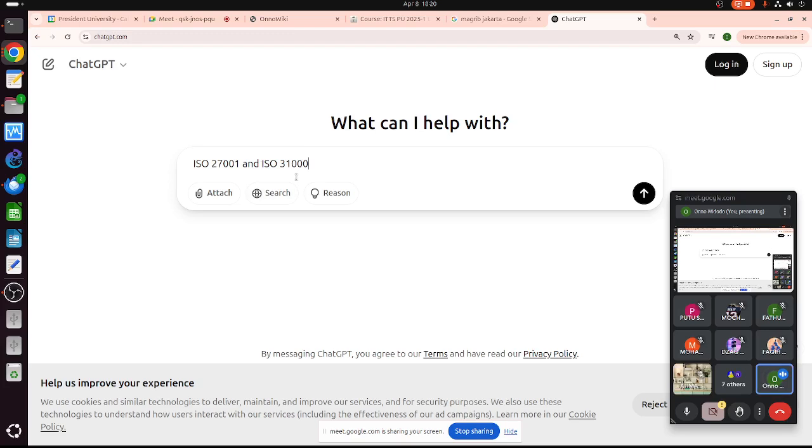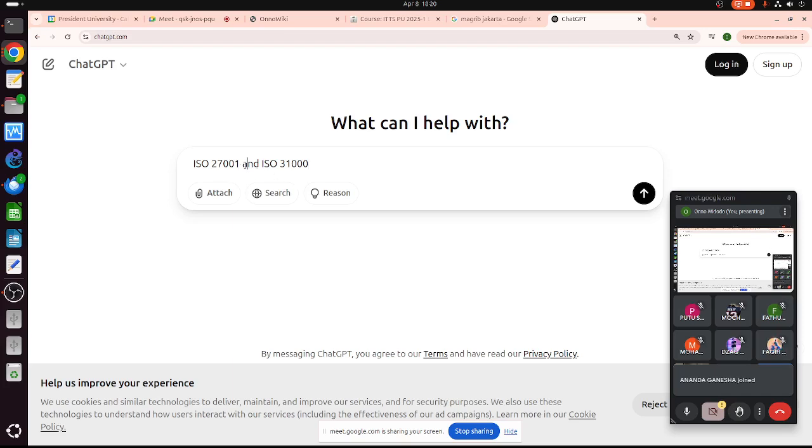So basically these 2 become the base, the foundation when we need to audit the security of a system. For example, in enterprise, in the department, in the office and so on. So we use these two.